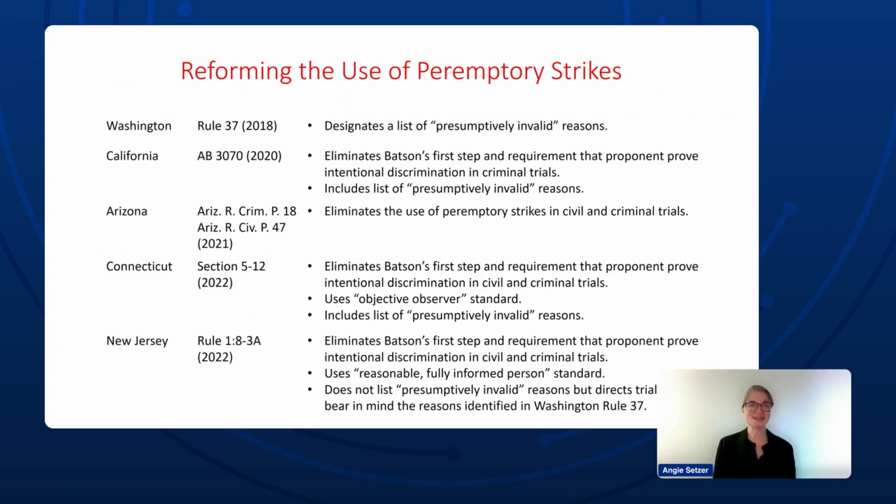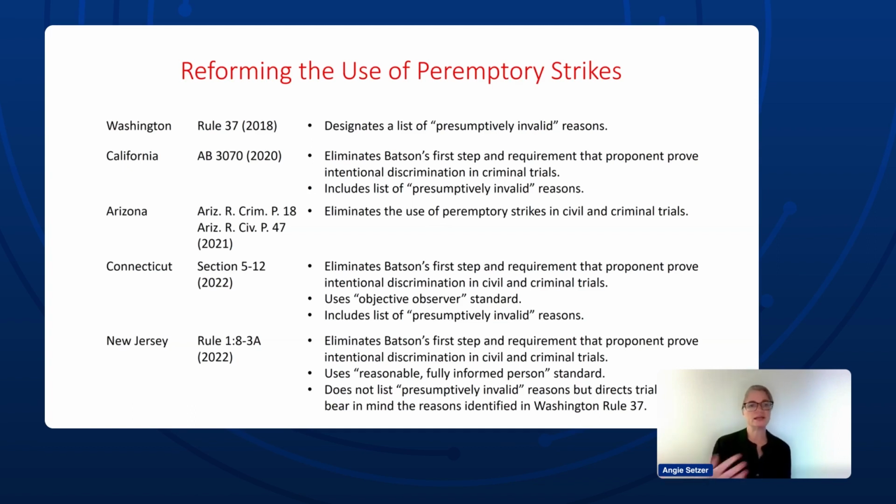Okay, peremptory strikes. So reforming the use of peremptory strikes. Echoing Justice Marshall's concern that the Batson three-step process would not eliminate racial bias during jury selection, Arizona actually in 2021 eliminated the use entirely of peremptory strikes in civil and criminal trials. But other states are doing similar things.